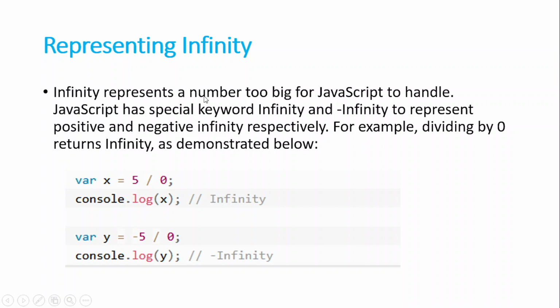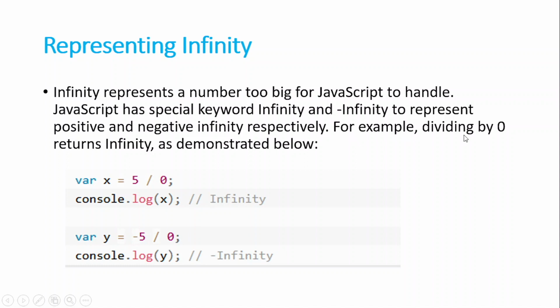Infinity represents a number too big for JavaScript to handle. JavaScript has the special keywords Infinity and -Infinity to represent positive and negative infinity respectively. In this case you can see -Infinity is there because -5 was divided by 0.